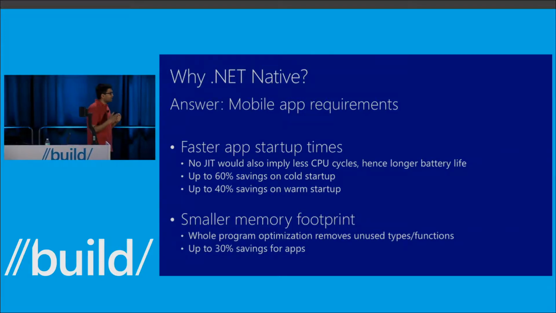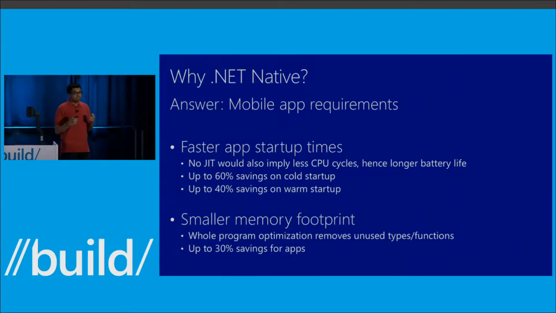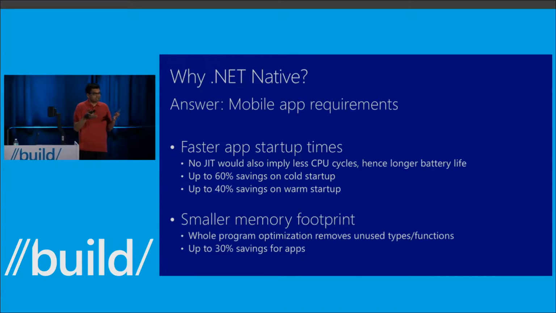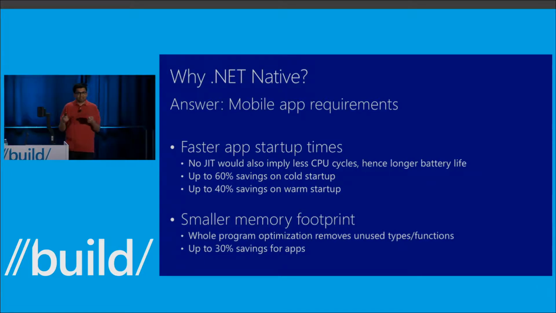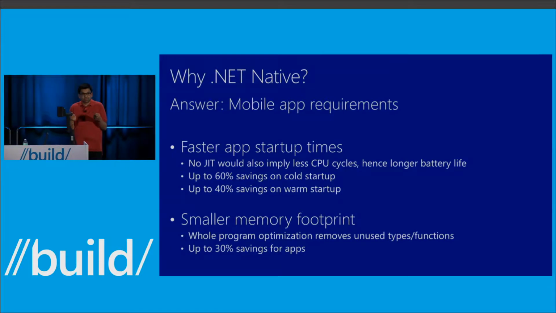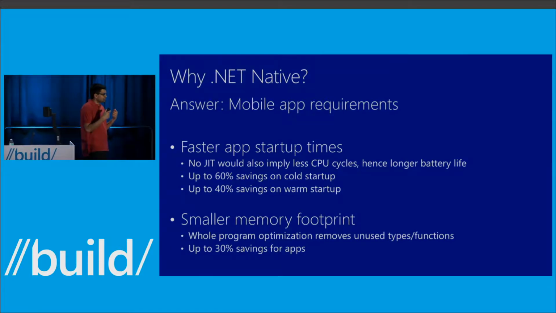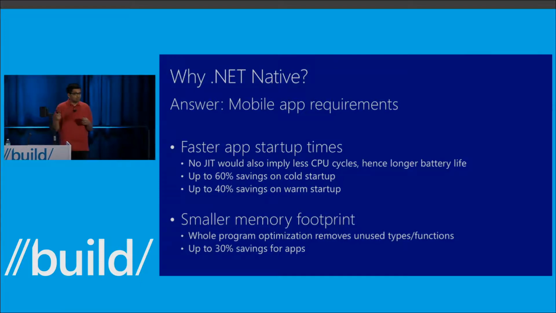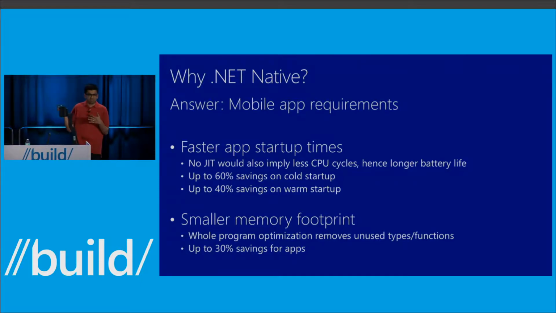Now, the added benefit of not having JIT is that you're doing less work on the CPU, right? Everything is happening in the cloud before that consumer even gets the app. That has the added benefit that, because the CPU is getting used less, there's a little bit more savings in terms of battery life. So the battery life is also getting a boost because of .NET Native in an orthogonal way.